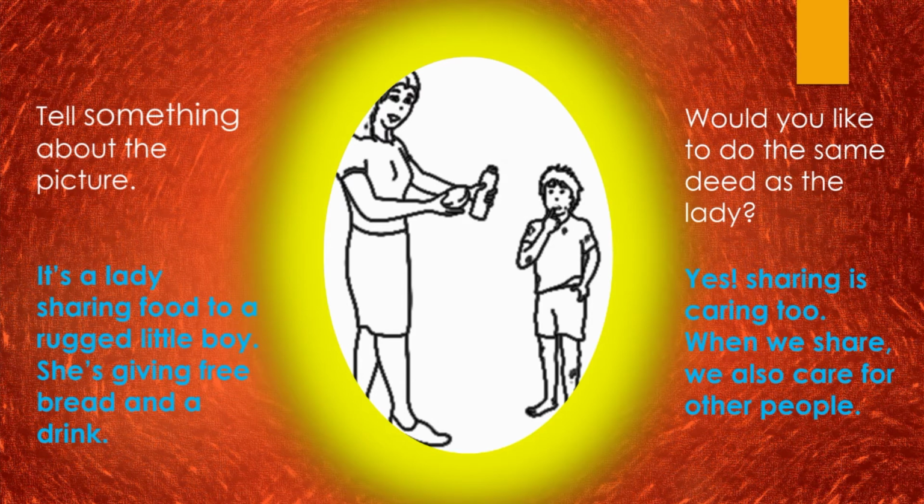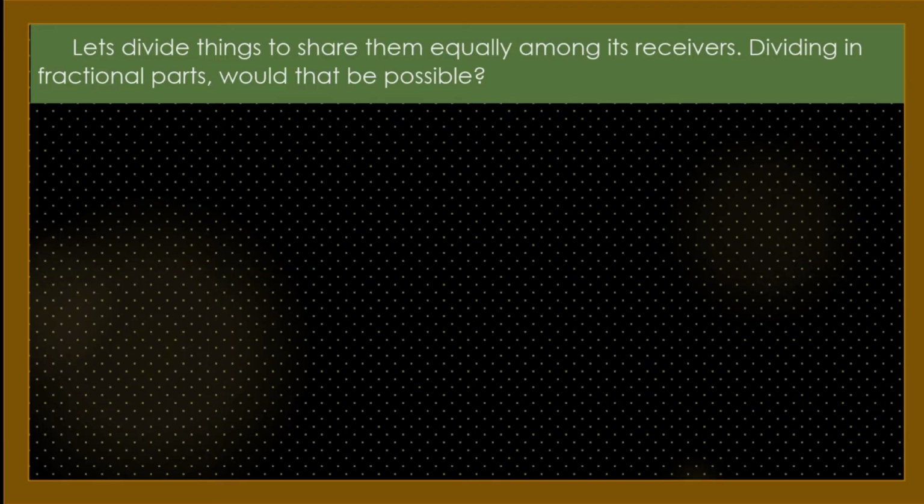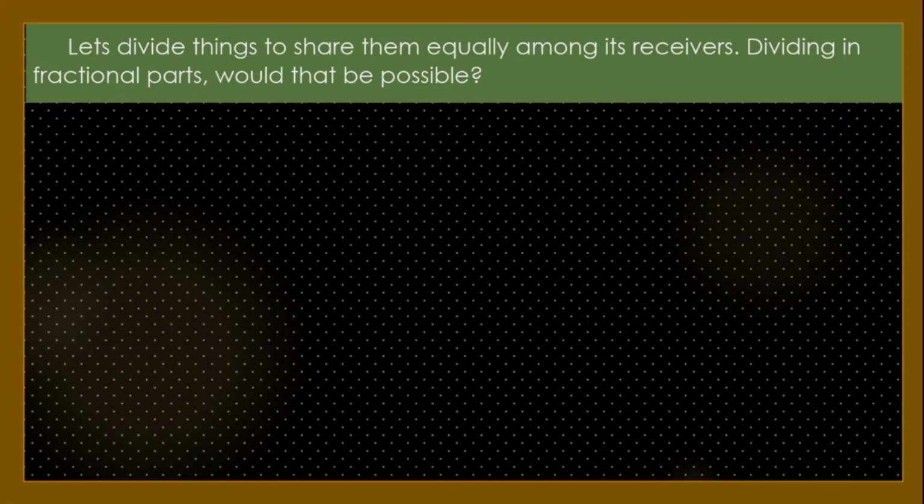Yes. Sharing is caring. When we share, we also care for other people. So now let's divide things to share them equally among its receivers. Dividing in fractional parts, would that be possible?